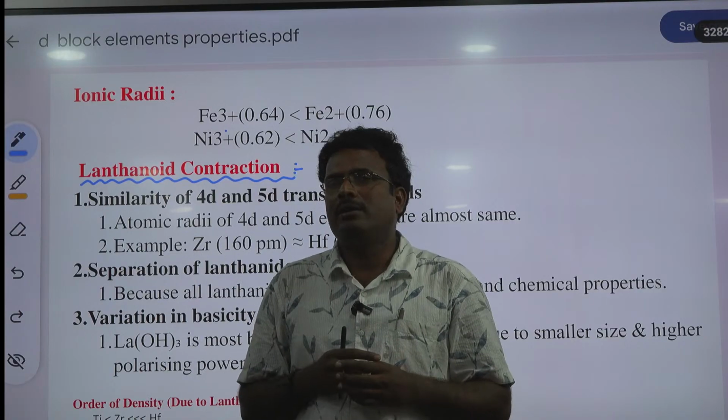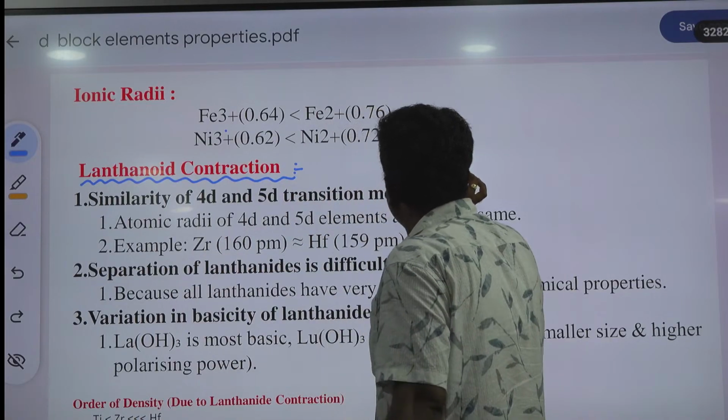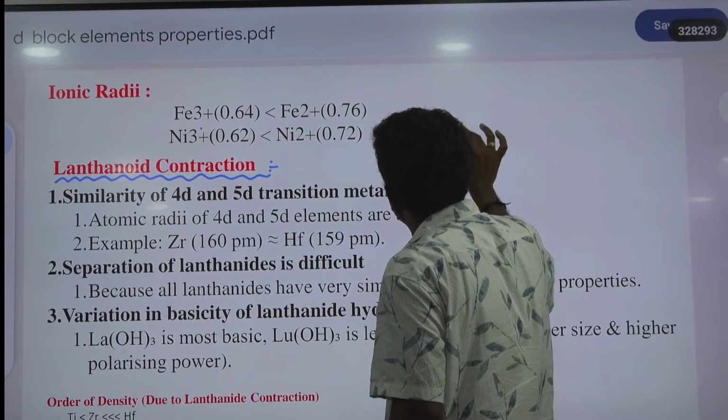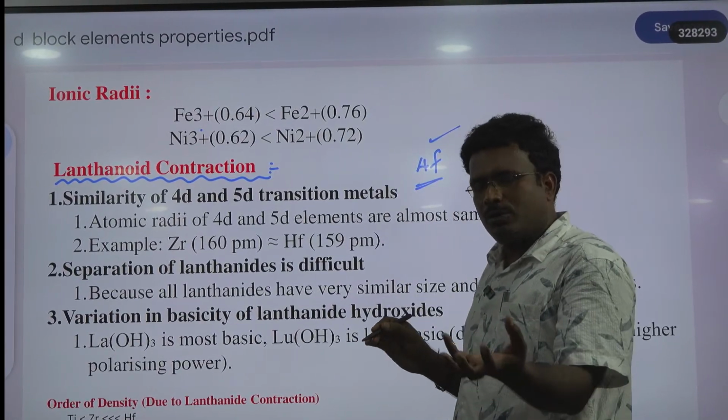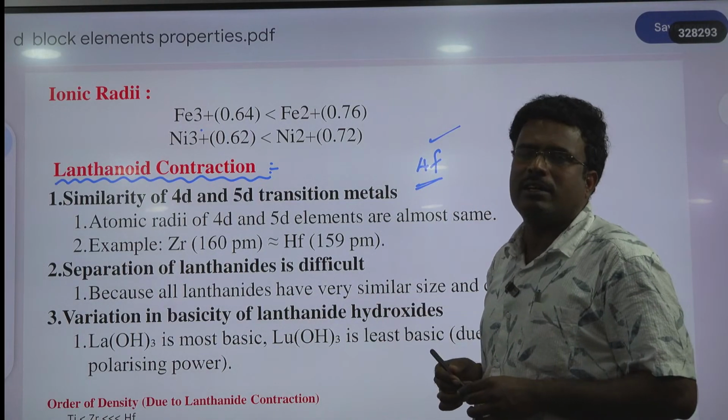But the outermost electrons enter the 4f orbitals, not the d orbitals.